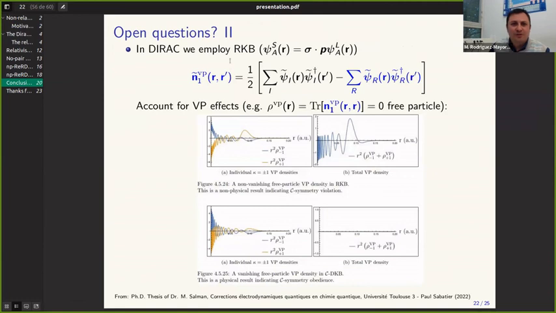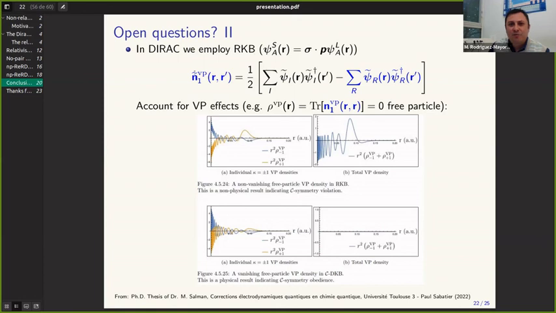And the second open question is that I presented that we can account for vacuum polarization effects. In fact, the so-called small component of the spinors can be written as functions of the large component. And this is known as the restricted kinetic balance, which is what is used in DIRAC code, the code that I'm using for implementing this.